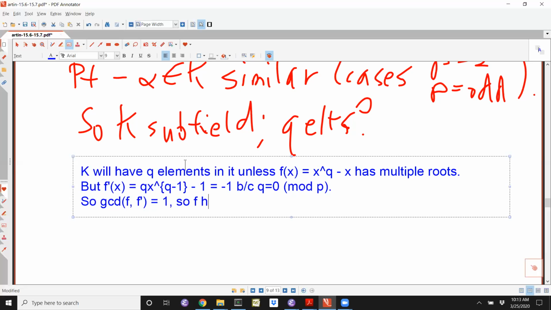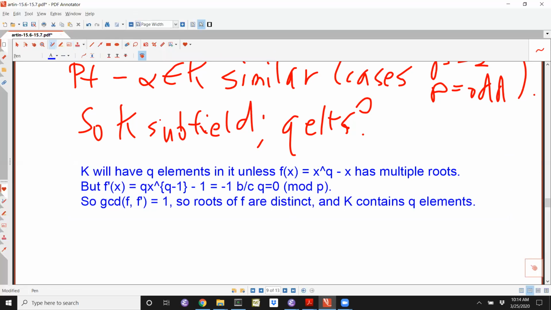So f does not have multiple roots. So the roots of f are distinct, and K contains exactly q elements. Yay!